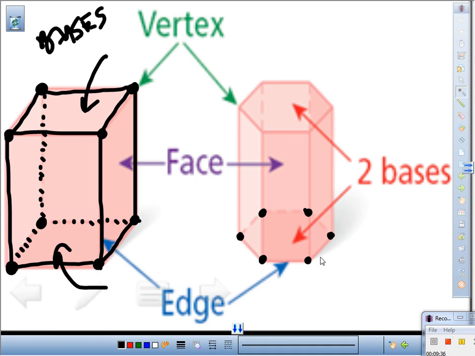So those 4, we're going to connect the edges, and they're going to be solid. This one to this one, this one to this one, and this one to this one. The other 2 are in the back. Is that correct? So the edges should be what? Dotted. So you go dotted from here to here, from here to here, and from here to here.